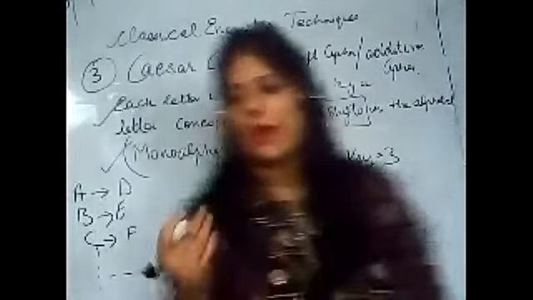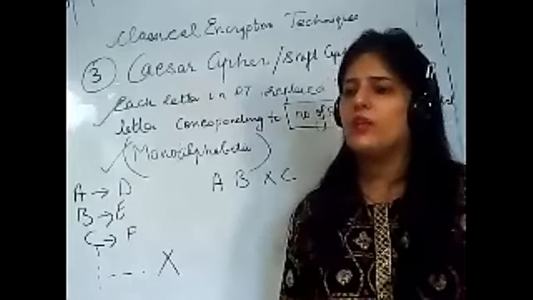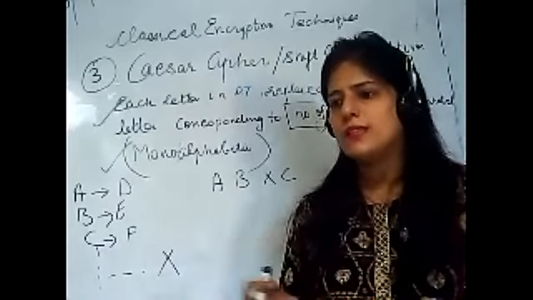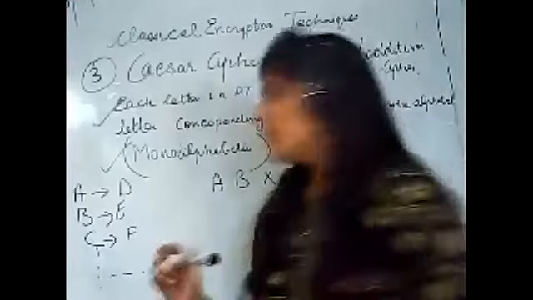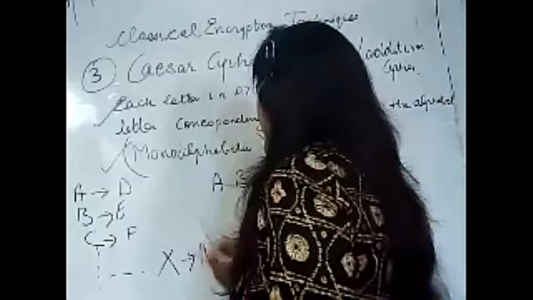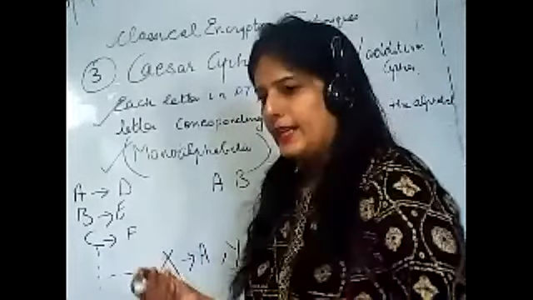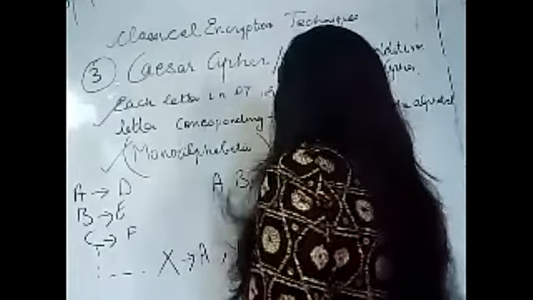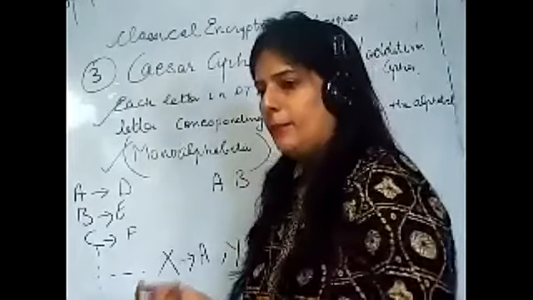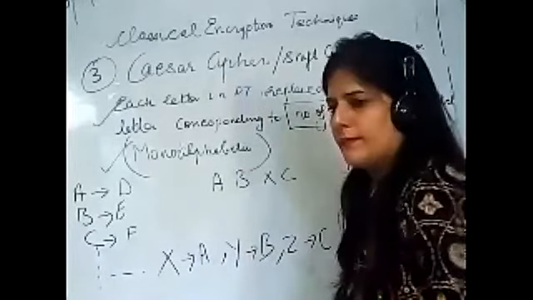After X come Y, Z, A, because after Z we don't have any alphabet, so it will move back to A. It will just follow the wrap-around pattern. So for X we have A. For Y we have Z, A, B. And for Z we have A, B, C. This is the 3-letter shift that we are using.